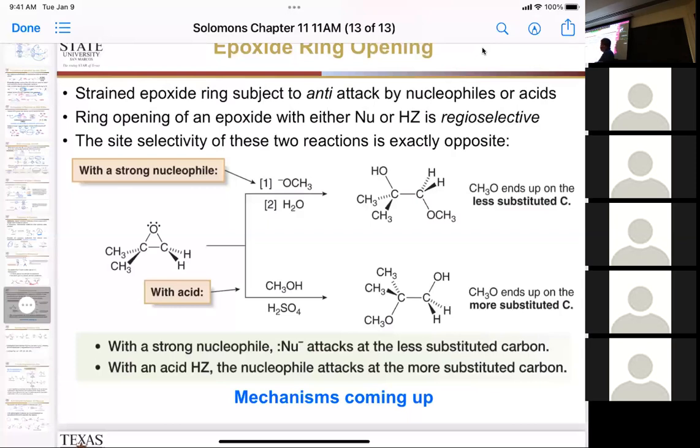Here, we're going to go through a different mechanism, and therefore we're actually going to end up with the OH on the more substituted side. In our mechanism, we might be looking for a partially positive charge, because that way the more substituted side is going to have more of that partially positive charge, because a tertiary carbocation is more stable.